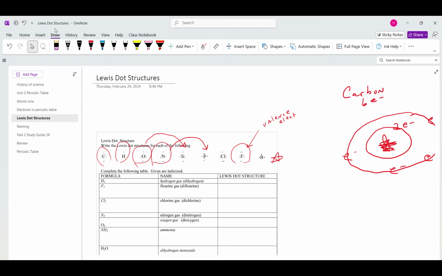Now, in the periodic table, everything vertically in a group, remember, has very similar chemical characteristics. The reason for that is they have the same number of valence electrons. So if you look under carbon over there, underneath carbon is silicon. Silicon has exactly the same number of valence electrons as carbon.